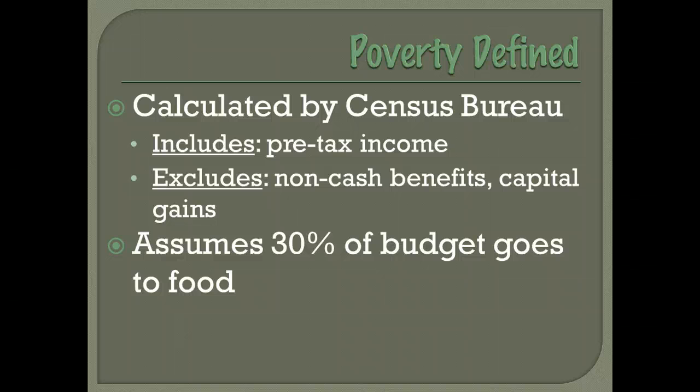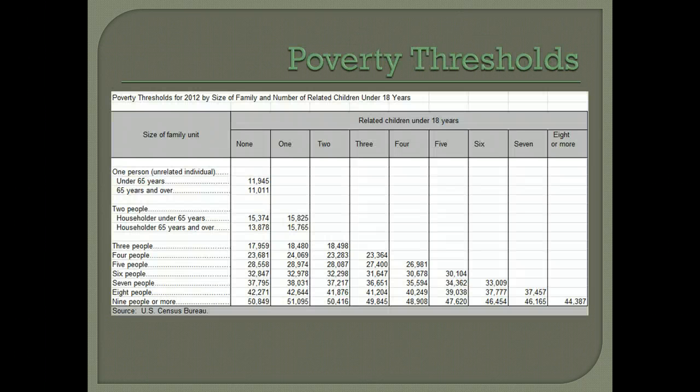So they calculate a number that indicates what is considered the poverty line. The poverty line depends on the number of people in your household and the number of children that you have under the age of 18, so it's a little bit of a sliding scale. But it basically represents the bare minimum income that you would need to be able to survive.